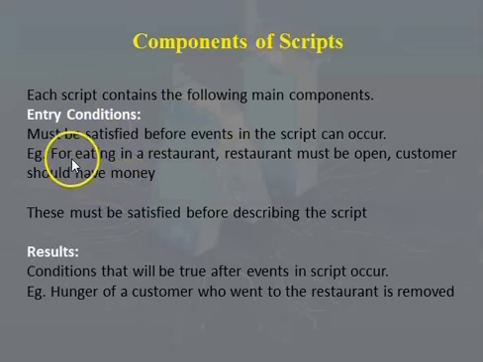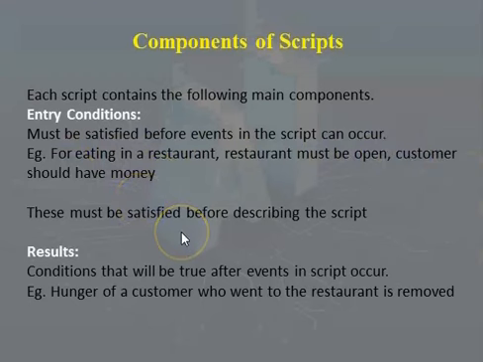For example, eating in a restaurant is an event. The restaurant must be open. That is one condition. If the restaurant is closed, we cannot eat in the restaurant. Then the customer should have money.